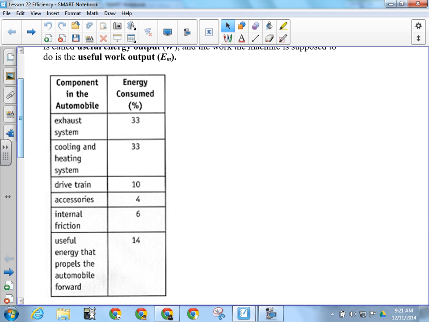The drivetrain, that is all the moving parts, the friction within those moving parts uses 10% of the fuel in your car. Have you moved forward yet? No. We're at 76%, and we haven't moved forward yet.